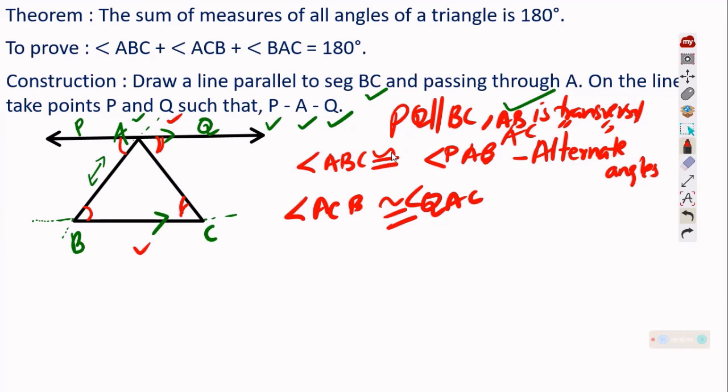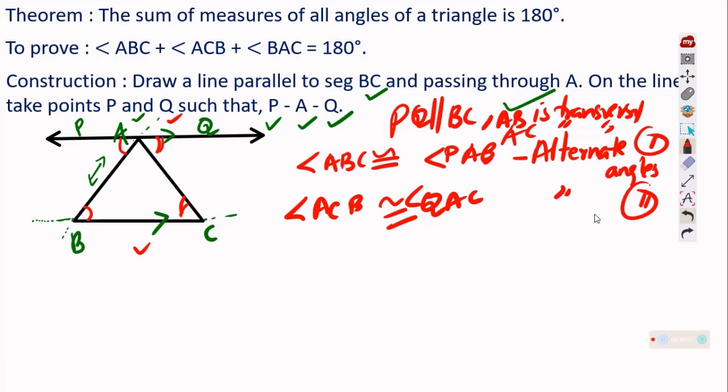We can write either equal to or congruent. Because of alternate angles we have written this also. So this can be written as equation 1 and this can be written as equation 2.